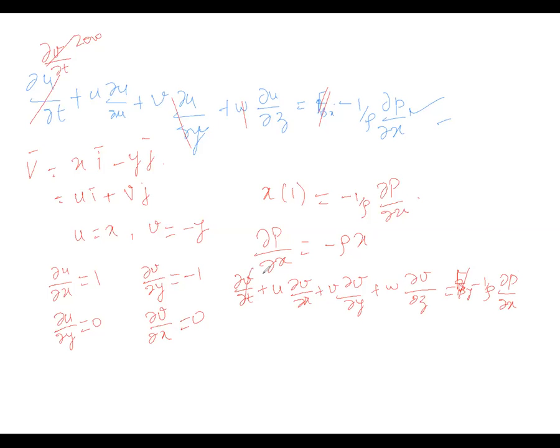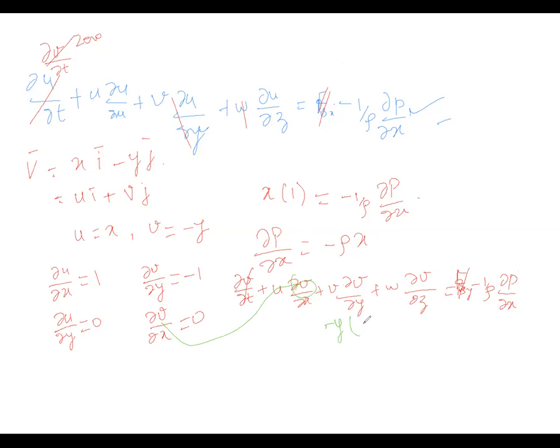So here this is 0. This is 0. ∂v/∂x equal to already 0. So v equal to minus y.